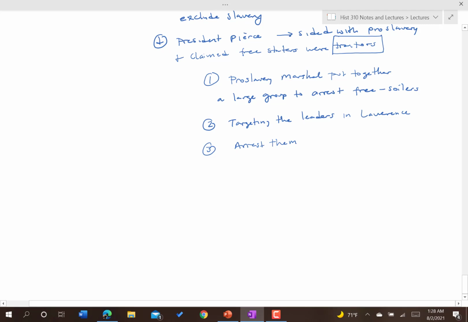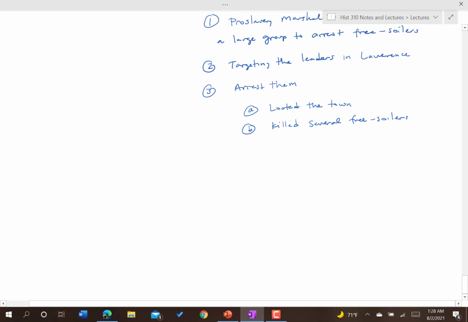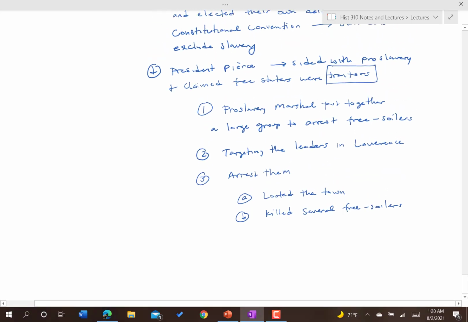And this is where part of the problem was: it was really more like a mob arrest than an official arrest. They also looted the town, which was not part of what they were supposed to do, and they killed several Free Soilers. So instead of just leaving it or arresting, they looted the town and killed people.